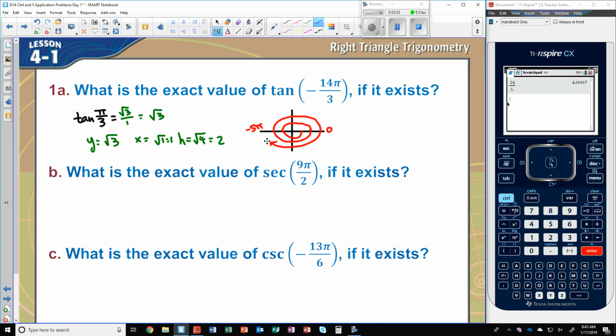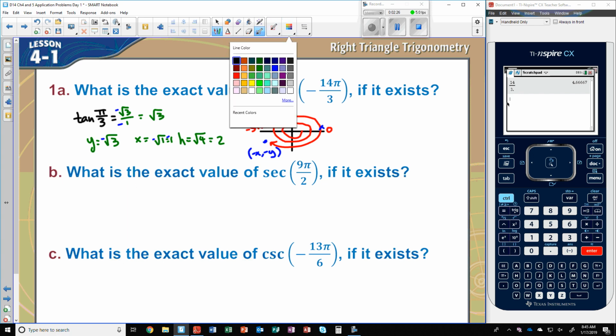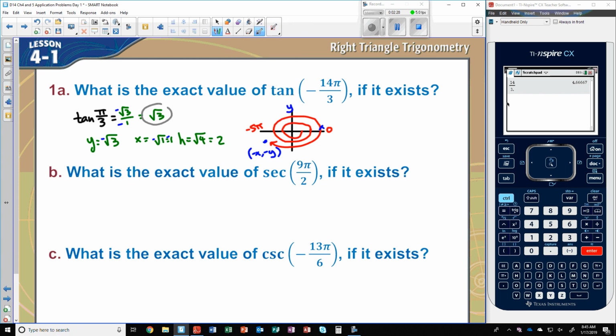If we have something in the third quadrant, my y values are negative, and my x values are also negative. So I'll have a negative x and a negative y. Meaning if both of these are negative, what happens to two negatives? They turn positive. So my answer is actually just going to be the positive square root of 3.